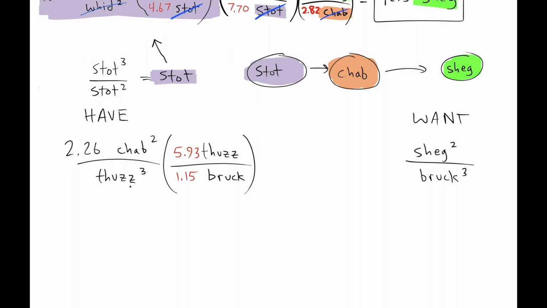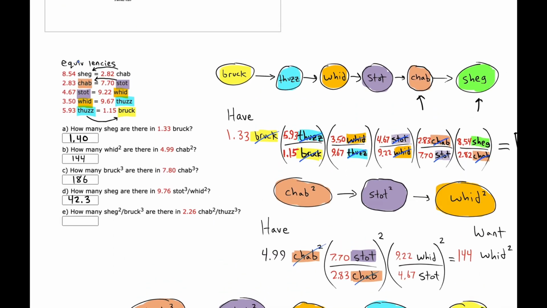And since we have a cubed unit below, we're going to need to cube this factor. That takes care of the denominator units. So those are all set. We have bruck cubed now, which is what we need. And now we just have to convert the numerator units. We're going from chab to sheg. That'll just require 1 conversion factor.